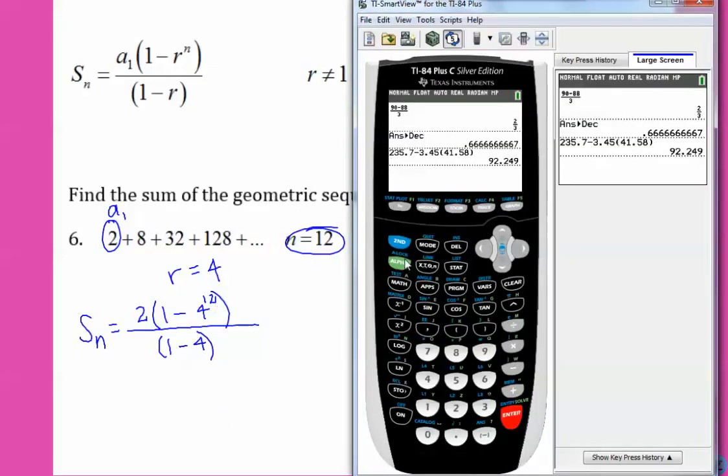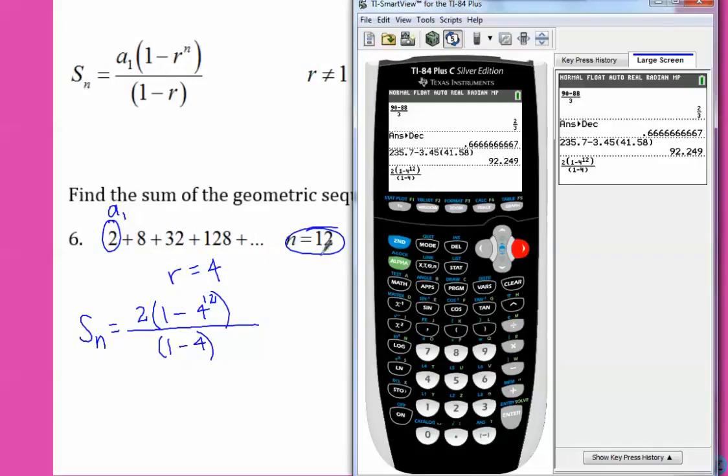Make sure when you're on your calculator you're using the flat fraction. Otherwise this whole top part has to be in parentheses. So 2 times 1 minus 4 to the 12th power all over 1 minus 4.